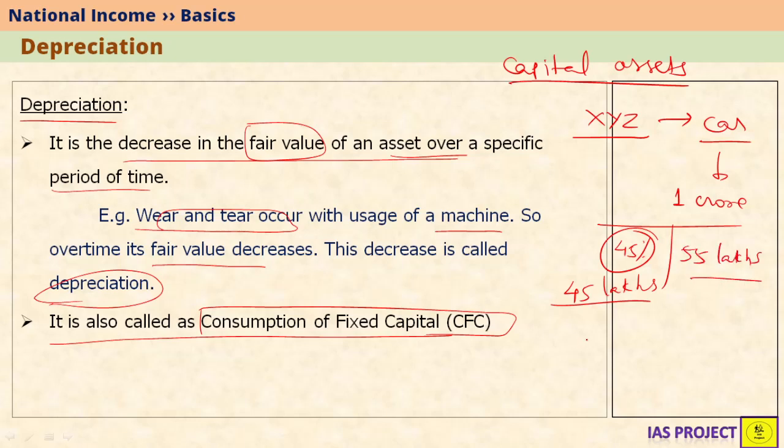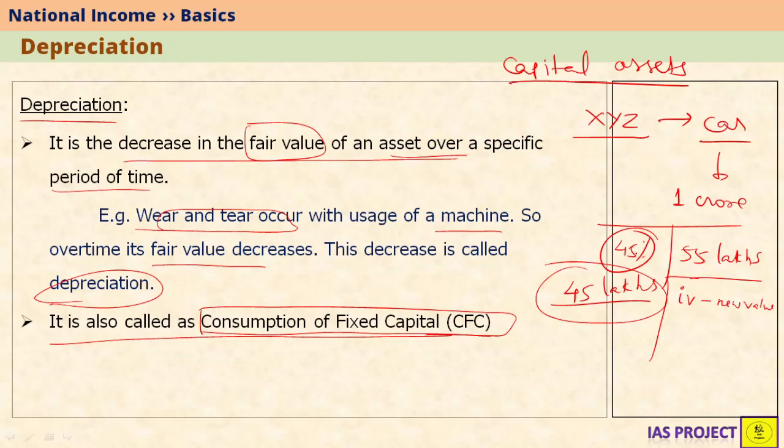In the second year also, it further depreciates. So if we see, depreciation in the first year is nothing but 45 lakhs. Consumption of fixed capital is calculated in a slightly different manner: consumption of fixed capital is the initial value minus the new value.